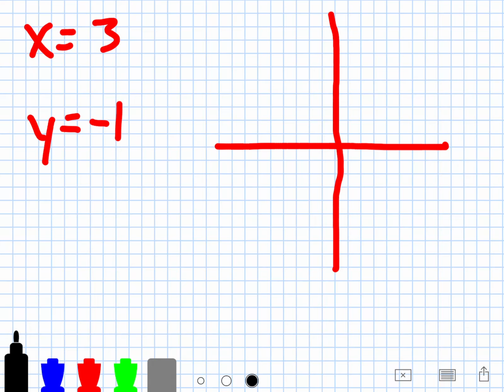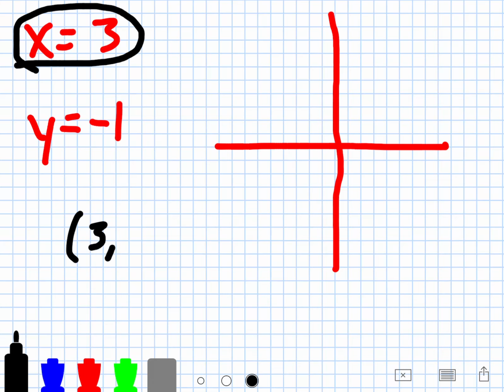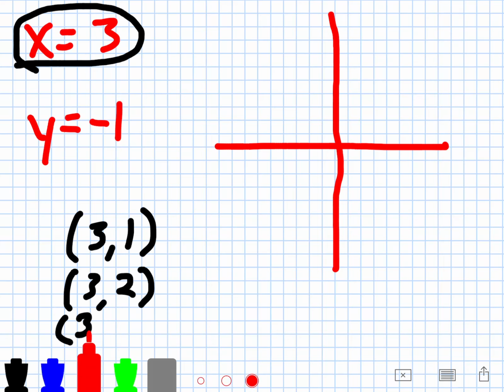What I want to find is all the places where the x part of the coordinate pair is 3. So I want to know where (3, 1) is, where (3, 2) is, (3, 3), (3, 0), and so on and so forth.